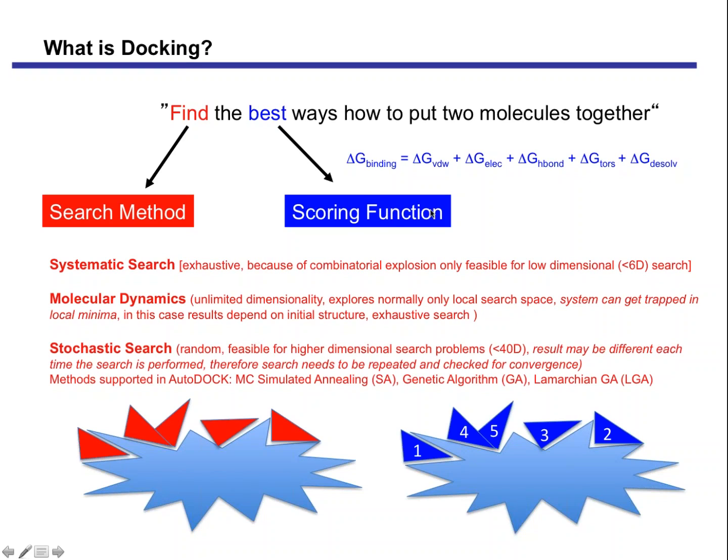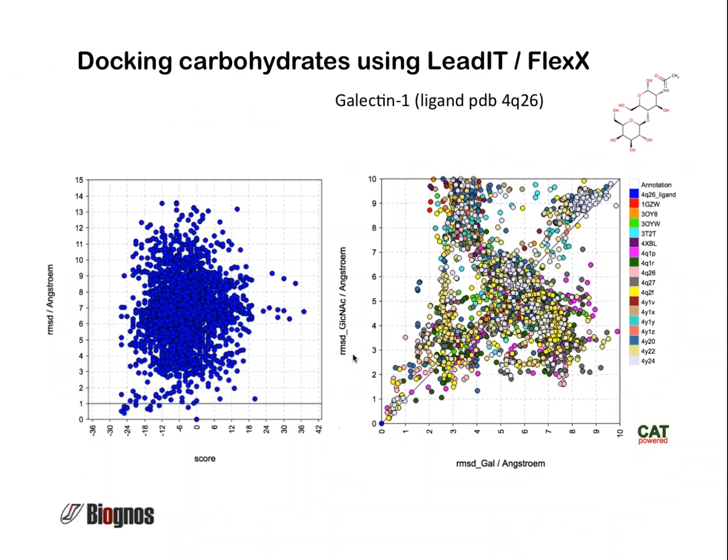If a pose has been generated, it will be scored by an independent scoring function, which hopefully tells us, yes, this is a good score, and then we keep it. At the end, when post-scoring takes place, we get the right order of the binding poses as a result, and ideally the one with the highest score should be the correct one.